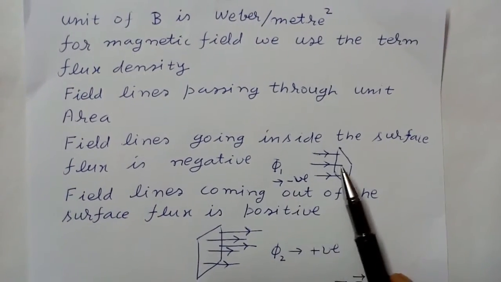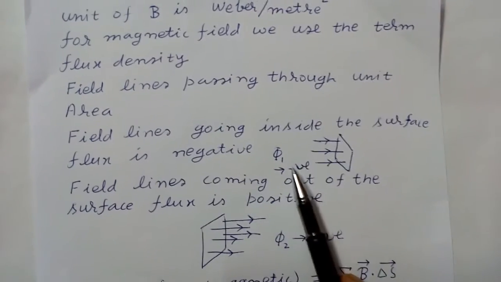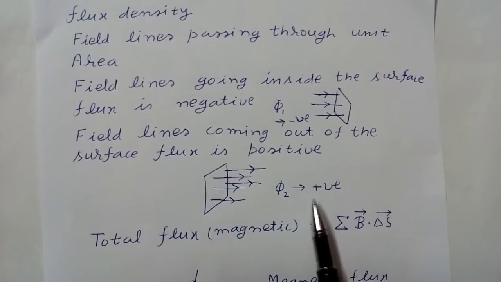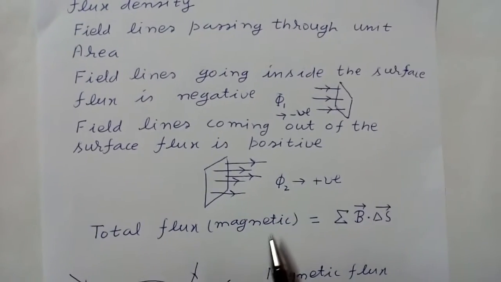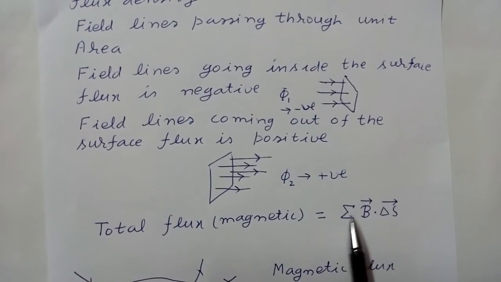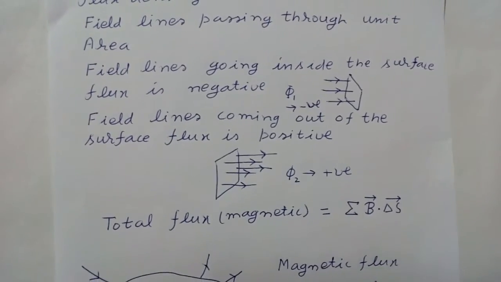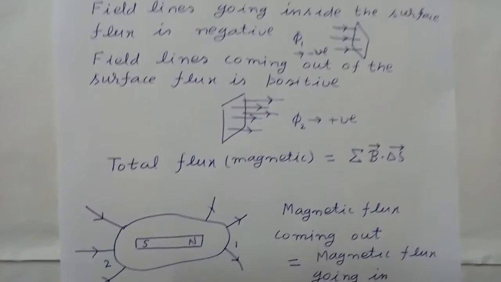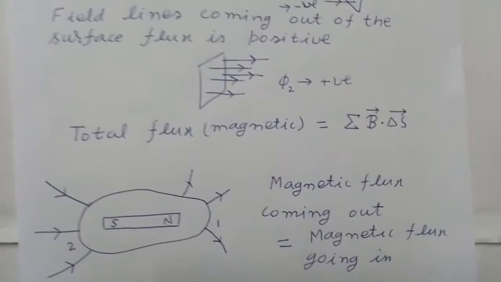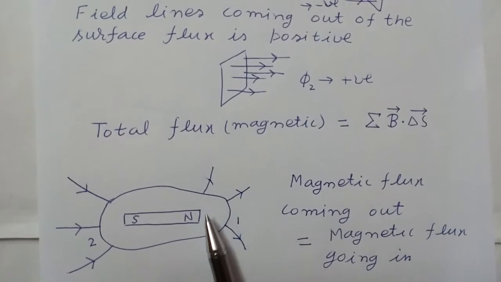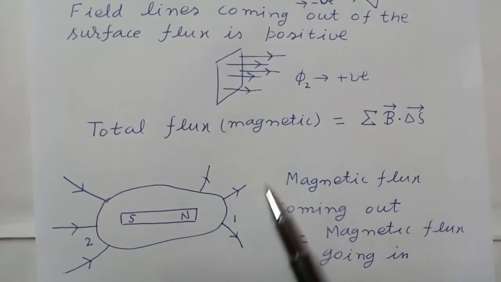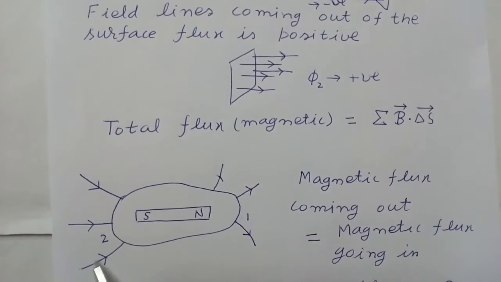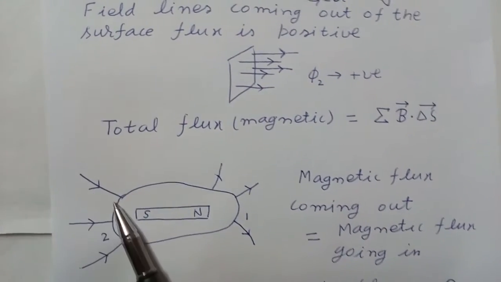Now for an open surface, if field lines are going inside, then flux is taken as negative, and if field lines are coming out, then flux is taken as positive. Total flux is represented by summation B dot delta S. We add small delta phi, then this is equal to summation B dot delta S. Now in magnet, see in this diagram, here are magnetic field lines coming out, so flux is positive, and here magnetic field lines are going in, so flux is negative.